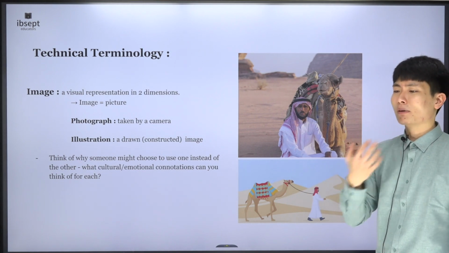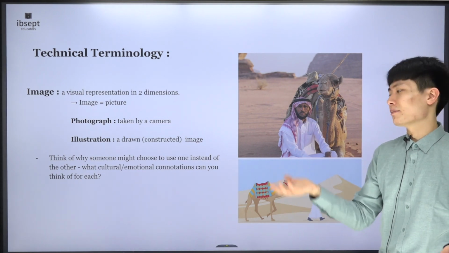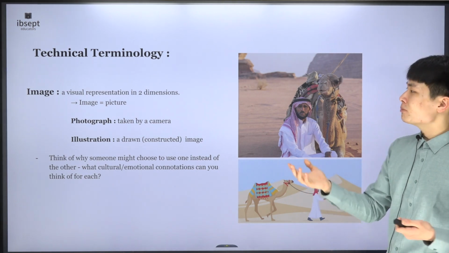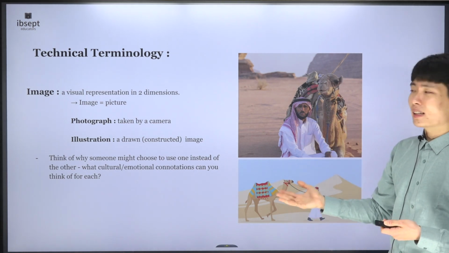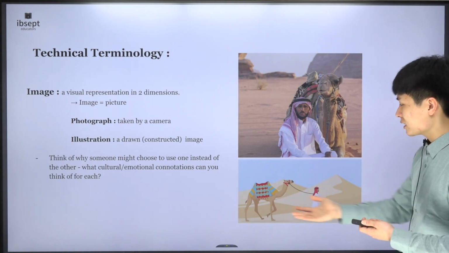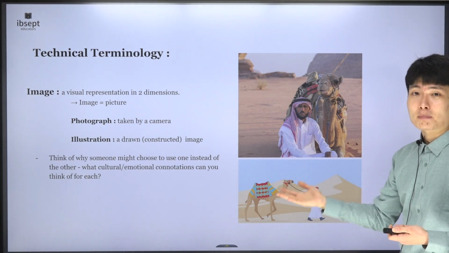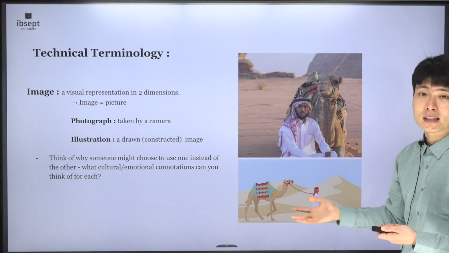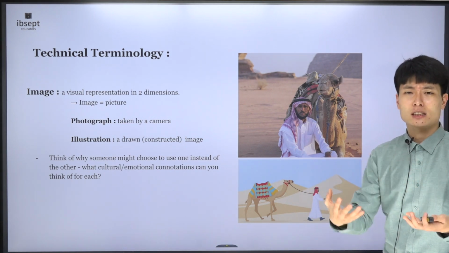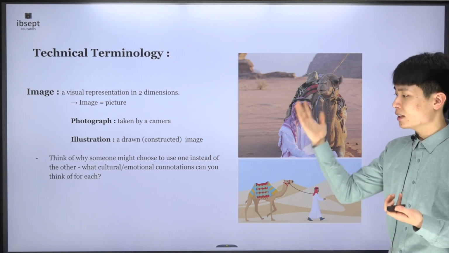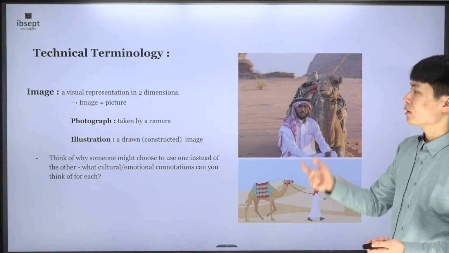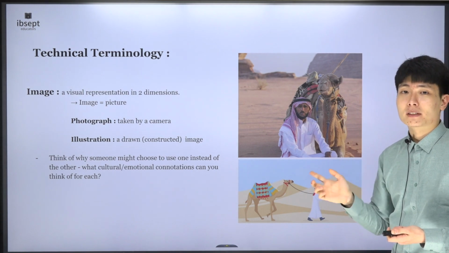Vice versa, if you wanted to create an educational website about the Sahara for a younger audience, you might choose to use an illustration instead of a photograph, because the illustration, especially this illustration, with its soft pastel tones and its very simplified visual style, might appeal to a younger audience. It comes across as less serious, less intimidating. So here, I've just given you an example of why a given text might use one over the other.